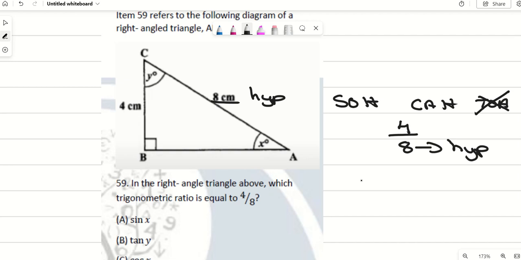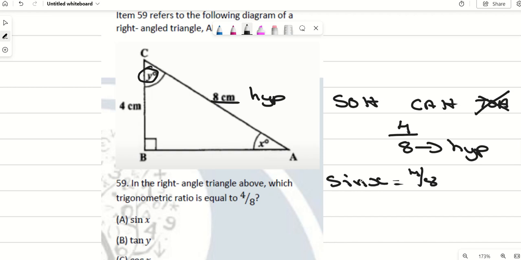If we use angle X here, this 4 here would be our adjacent. Not adjacent, sorry, opposite. So sine X would be 4 over 8. Now, if we're not using X and we're using Y, right?